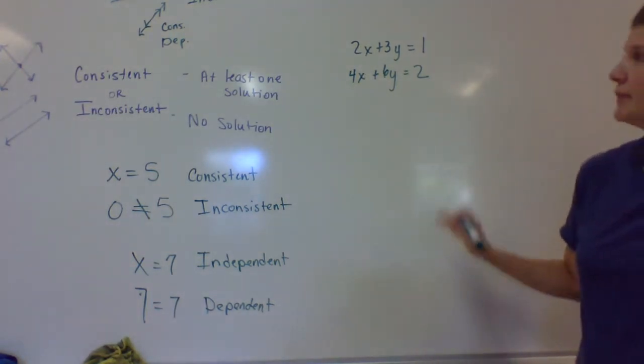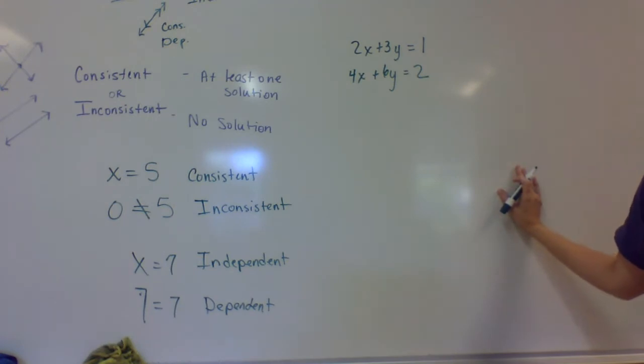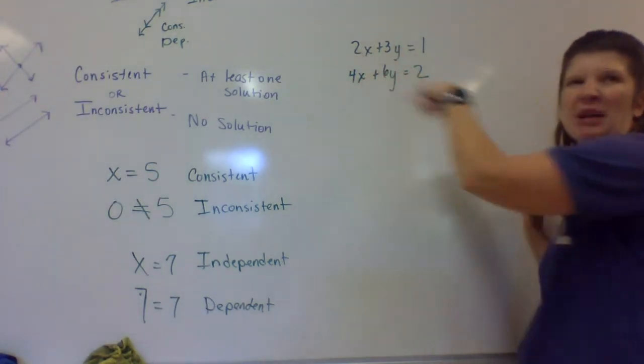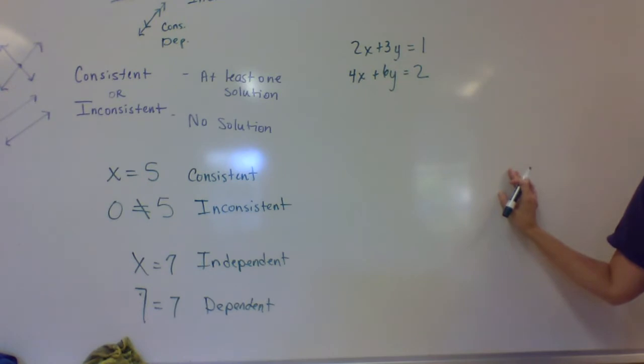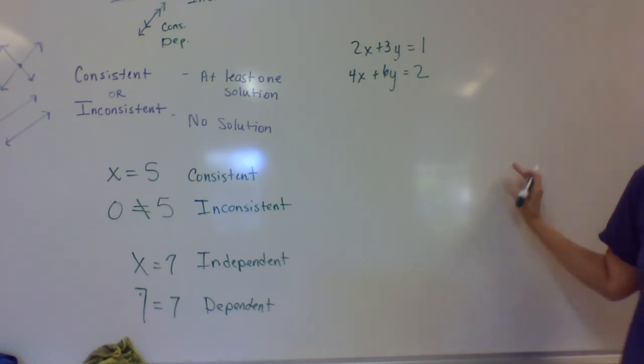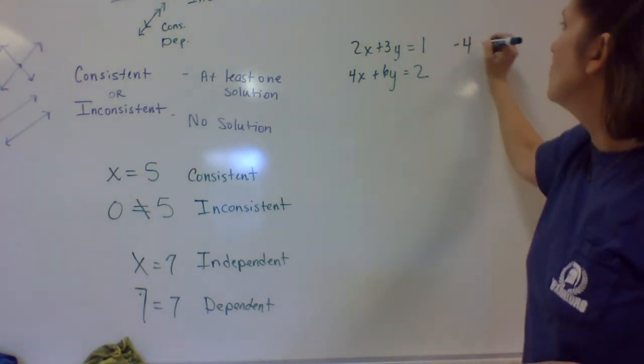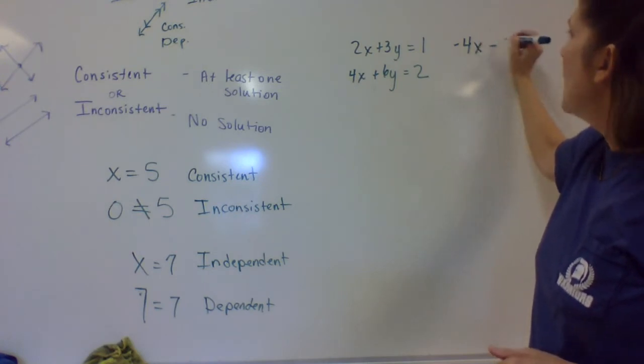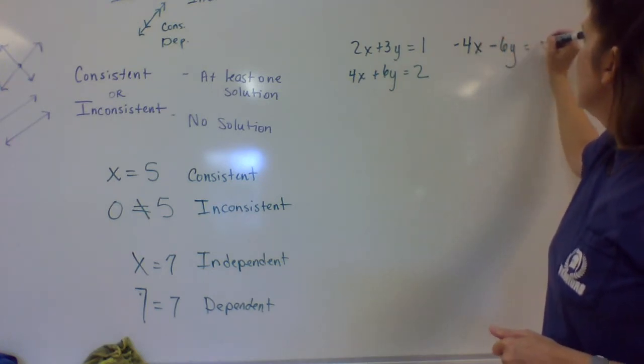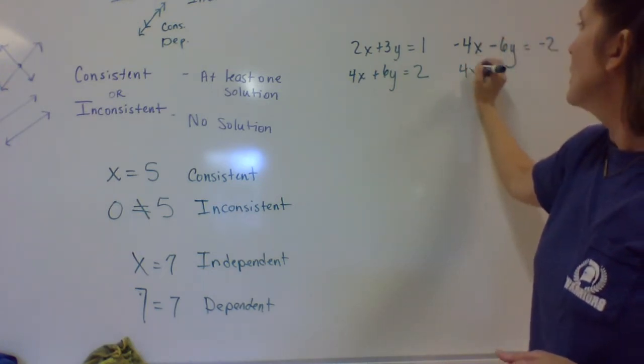What do we want to try? Anybody got an idea? I wouldn't try substitution here because none of these are alone, so it's going to be hard to do substitution. Multiply the top by -2. I like it. -4x minus 6y, -2, 4x.